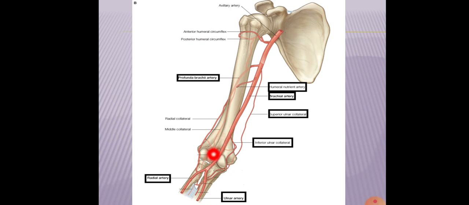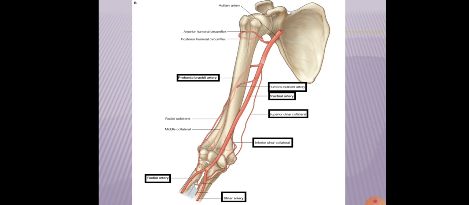The brachial artery terminates in the cubital fossa opposite the neck of the radius by dividing into radial and ulnar artery.